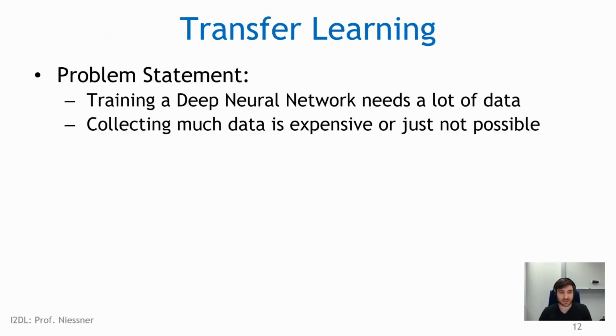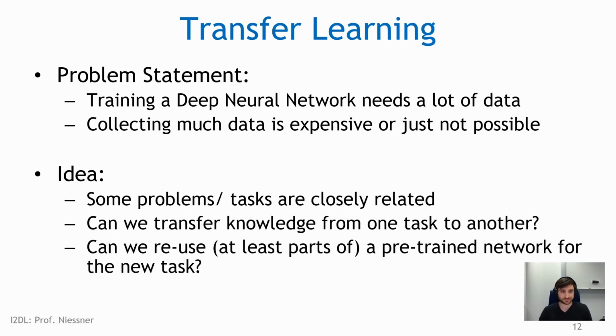Again, the problem statement is that deep neural networks need a lot of training data, but often it's either really expensive to collect this data or it's just not possible. For example, think of the simulation of car accidents, where it's not really possible to collect real data of car accidents. So one approach to tackle this is transfer learning.